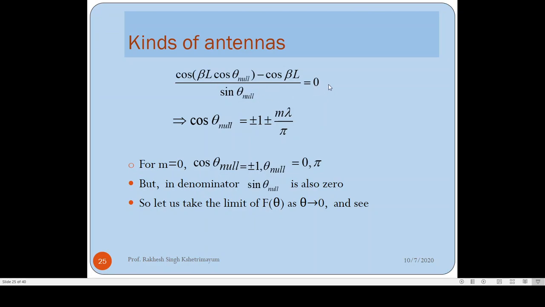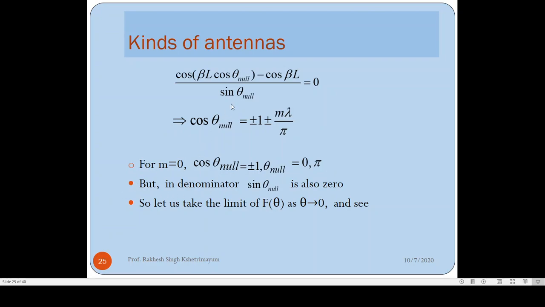We are trying to find theta null, so the numerator cos of beta L cos theta null minus cos beta L is equal to 0. So a null will occur when cos theta null is equal to plus or minus m lambda by pi. So when m is equal to 0, what happens? Cos theta null is equal to plus or minus 1. In that case, theta null is either 0 or pi. So we have a null radiation along 0 and pi for the dipole antenna of finite length.